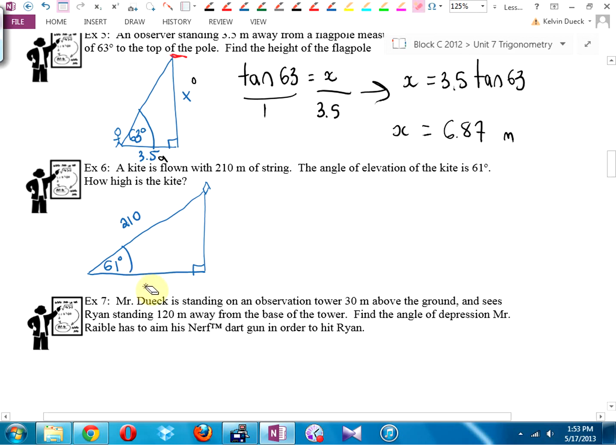Am I going to put my x here along the ground or here? Here? Let's label our sides. Oh, put a little red tail on the kite. Fine. Got your red flag on the previous one. Got your little red tail here.